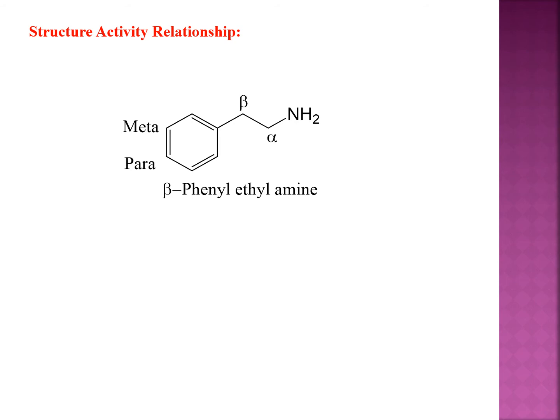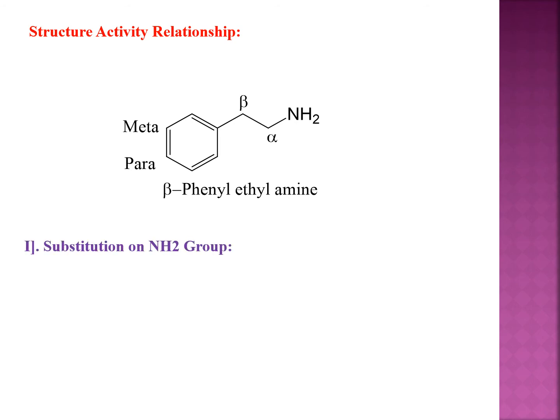The manner in which phenylethylamine is substituted on the meta and para positions of the aromatic ring, on the amino group, and on the alpha and beta positions of the ethylamine side chain influences not only the mechanism of action but also receptor selectivity. So these are the main four positions where we can modify: the amine group, alpha carbon, beta carbon, and para and meta positions of the aromatic ring.